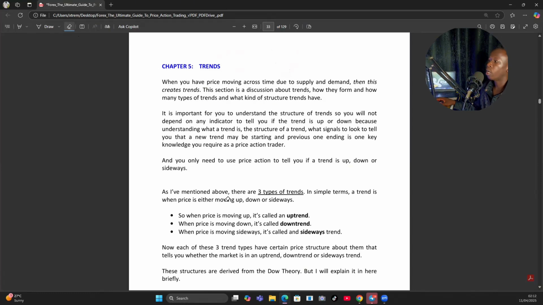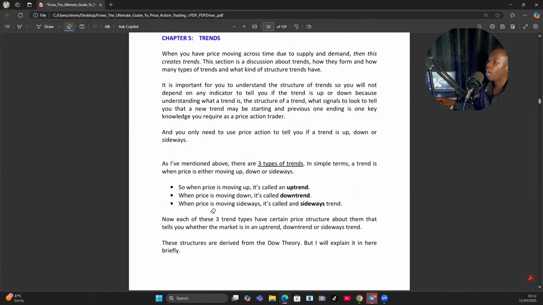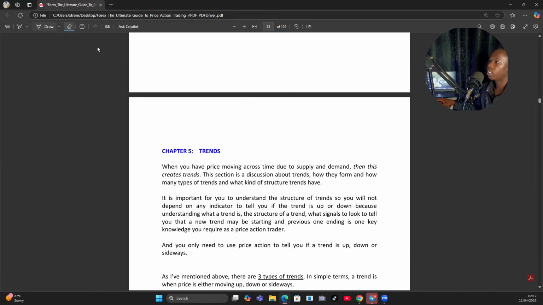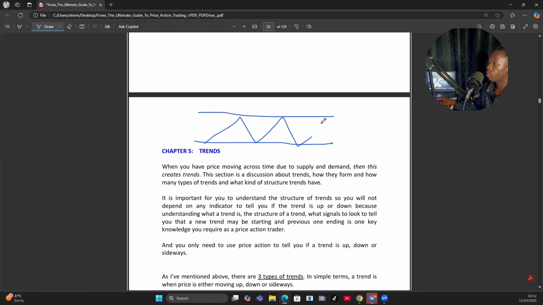So these are the three types of trends: an uptrend, a downtrend, and a sideway. I've shown you the uptrend and downtrend, but there is also the sideway. This is the sideway, the market moving in this format.